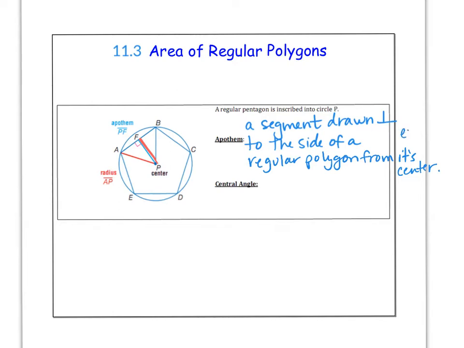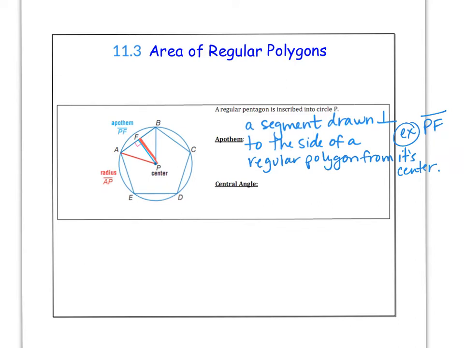And an example of an apothem in this case is segment PF or FP. So it starts at the center of the polygon and then goes perpendicular to one of the sides of the polygon. Central angle, the other word here, you're already kind of familiar with that.